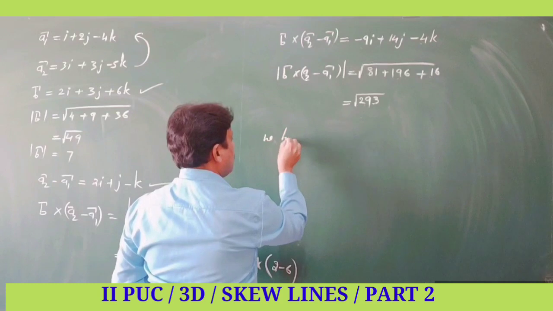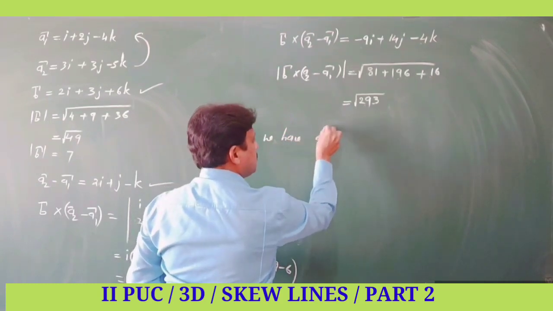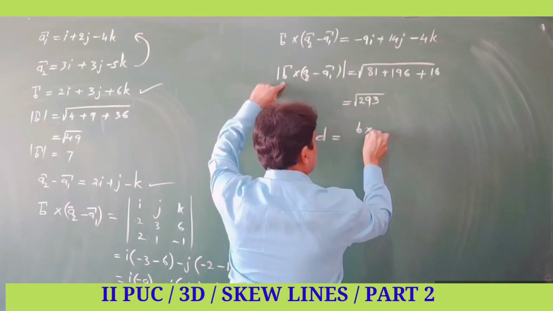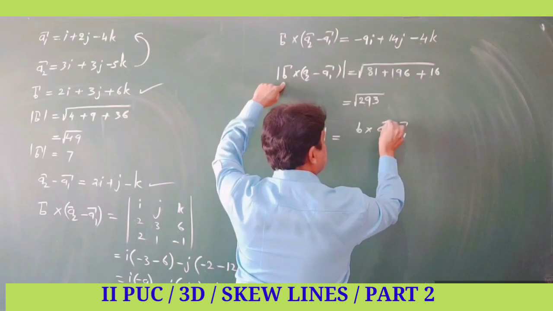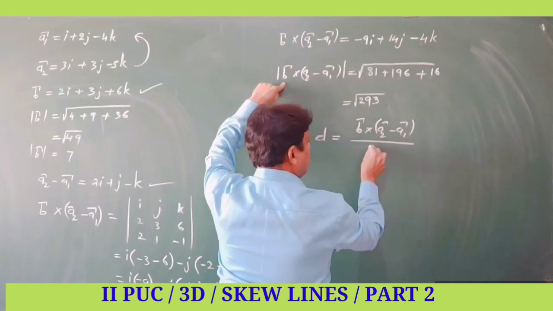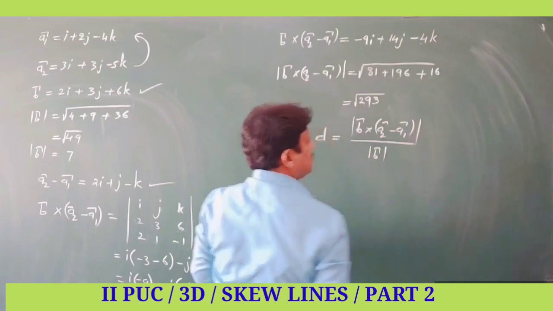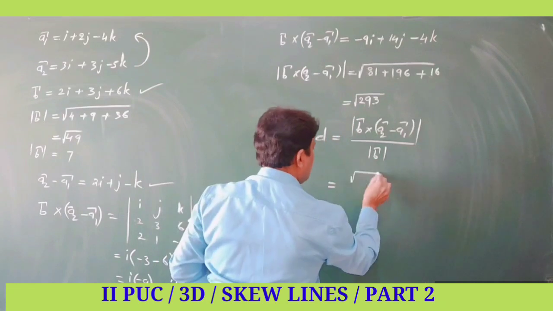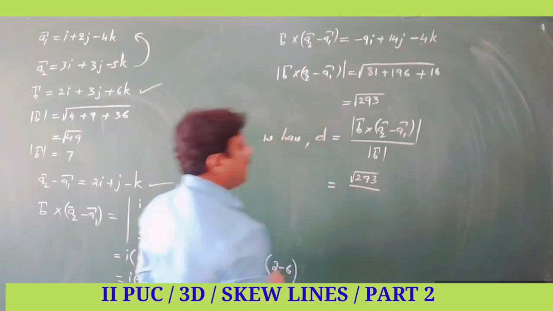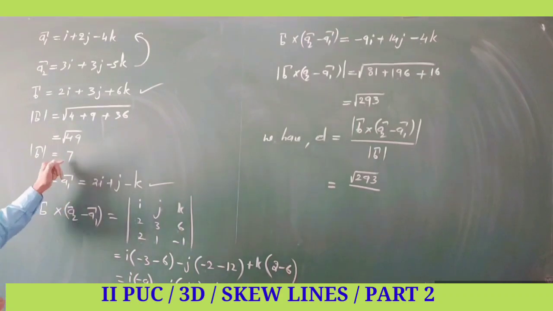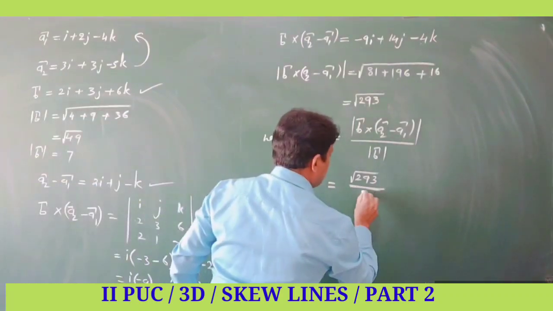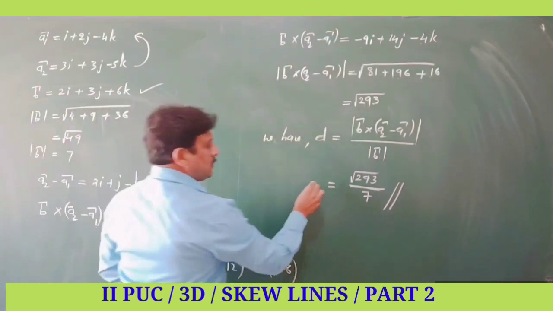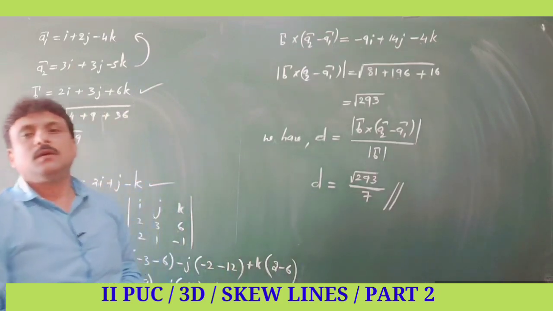The formula we have for the shortest distance D equals magnitude of B cross A2 minus A1 divided by magnitude B. So root 293 divided by magnitude B, which is 7. So the answer is root 293 by 7. This is the distance between two parallel lines.